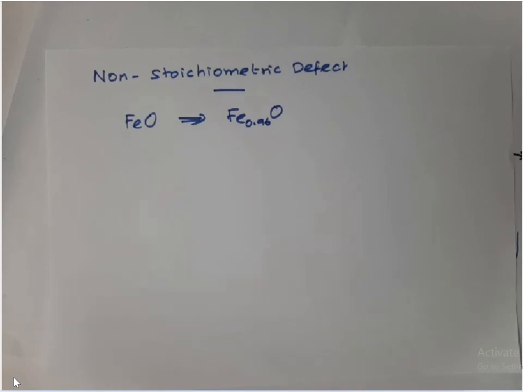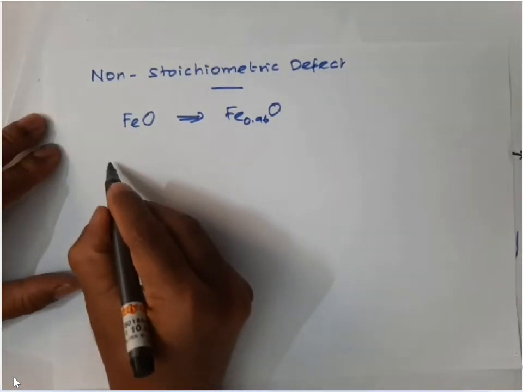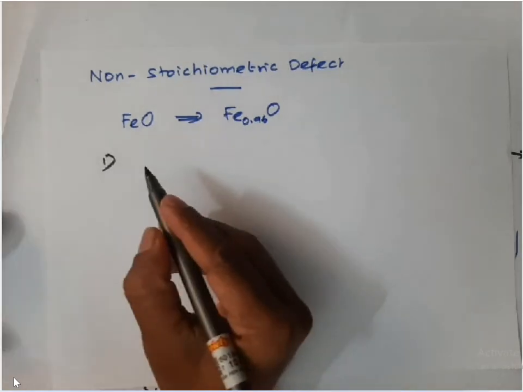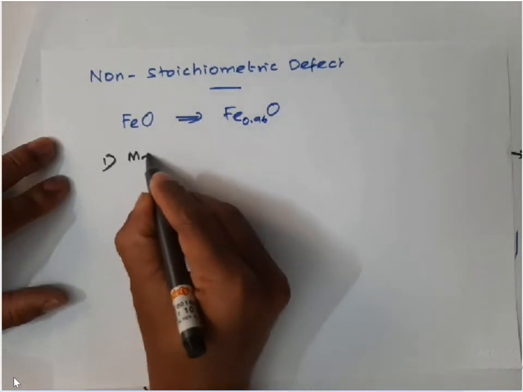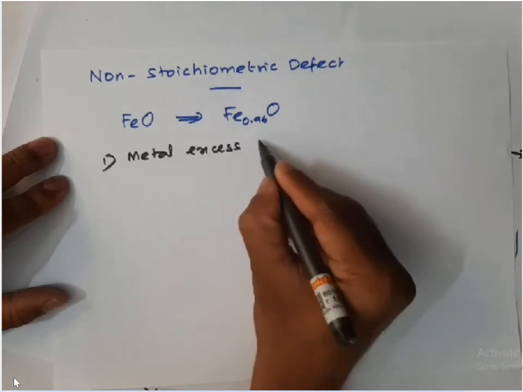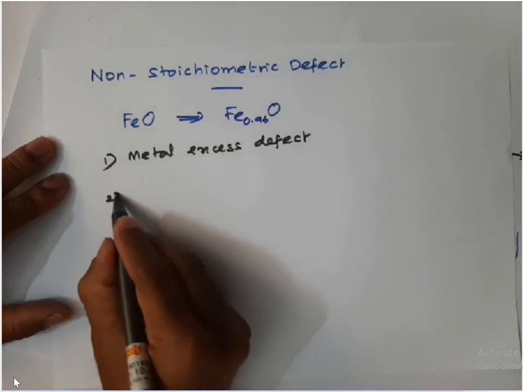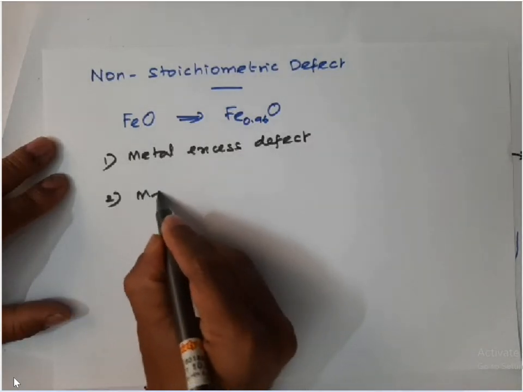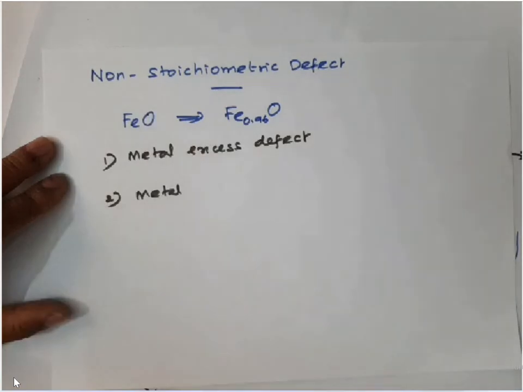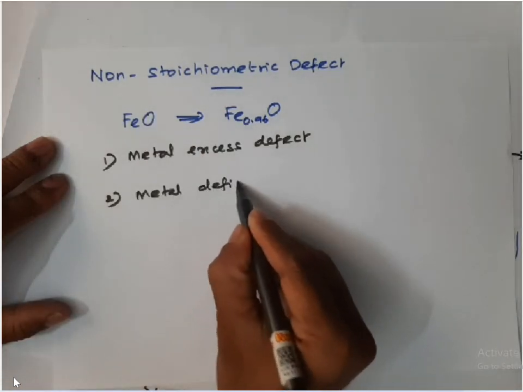In non-stoichiometric defect, we have mainly two types: metal excess defect and metal deficiency defect.